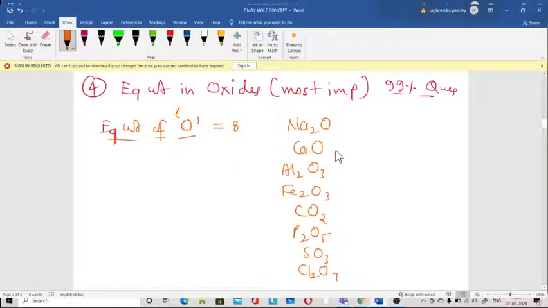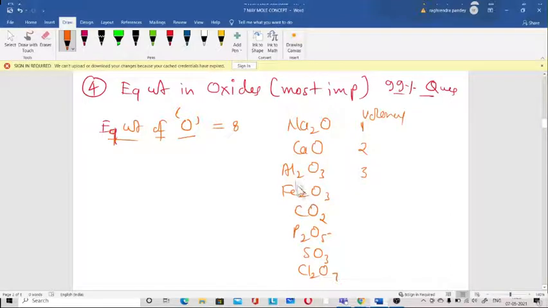So first tell me, what is the valency of sodium? 1. Valency of calcium is 2. Valency of aluminium is 3.